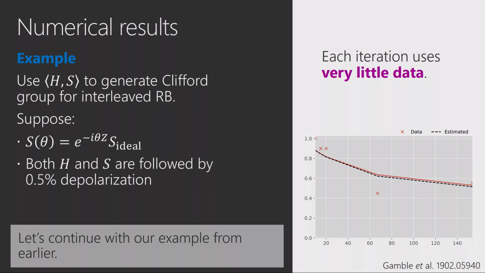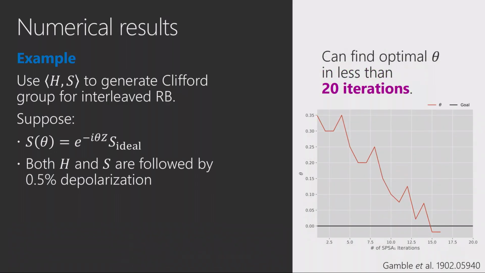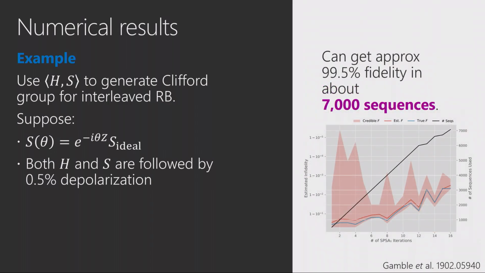So those points are enough for me to actually agree with the true RB decay that we can go and simulate. And doing that, we can find that optimal theta. Here we've chosen it to be 0, but we didn't give the algorithm that knowledge. We can find that optimal theta in less than 20 iterations. And we can get to the maximum fidelity we can reach before we hit our depolarizing noise in about 7,000 sequences. So an impressively small amount of data.